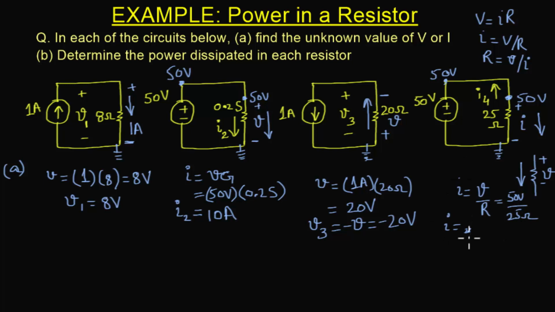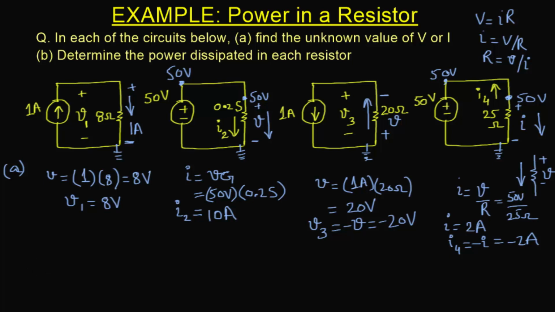So I equals 50 over 25, which is 2 amperes flowing downwards. But the question is, what is I4 flowing upwards? So I4 equals minus I, which is equal to minus 2 amperes, because the directions of these two currents are opposite. So we compensate for that by putting a negative sign here.